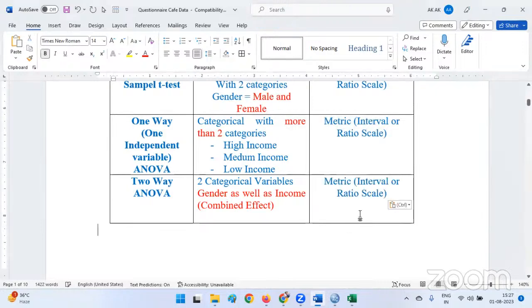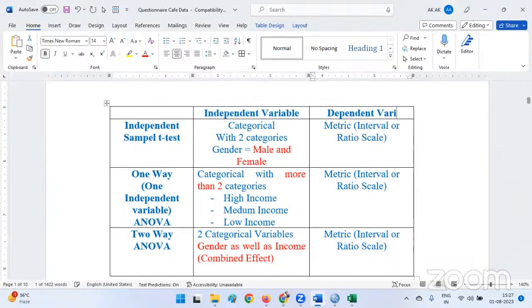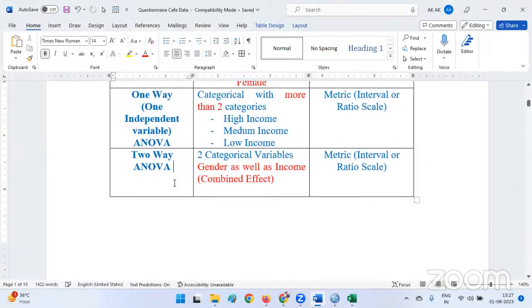Here it is same. The independent variable is same. Okay. So there is a purpose of two-way ANOVA. Suppose we want to see whether gender as well as income combinedly affect the satisfaction level of the girls and boys, then there is a case of two-way ANOVA. Okay. So this we have to decide. Generally, we take the impact of one variable. See, this is nothing but a kind of multiple regression.